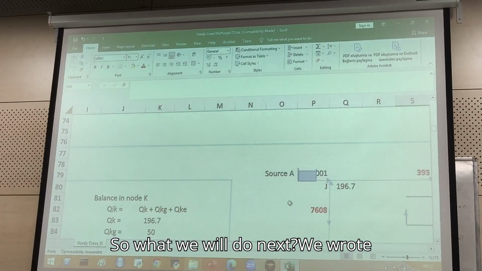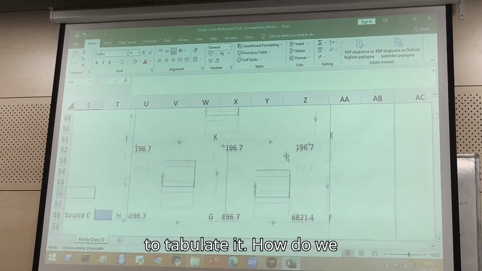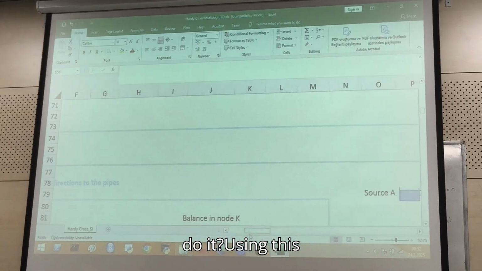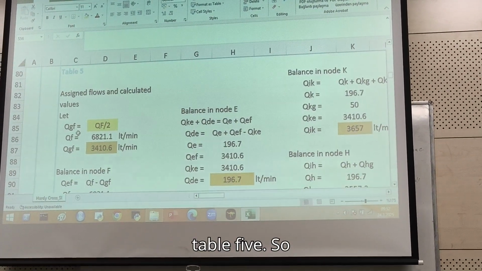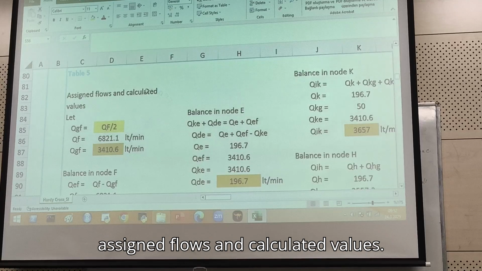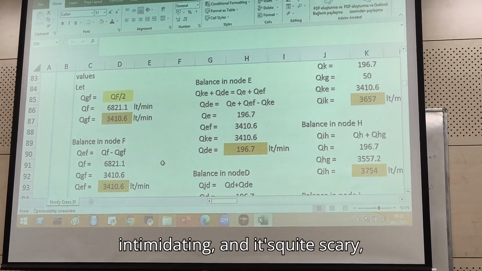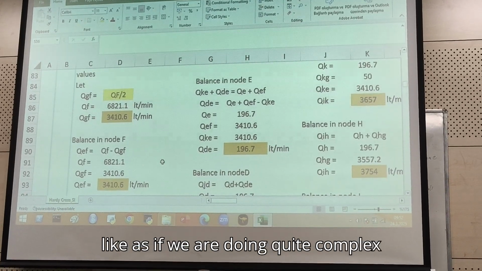So what we will do next: we wrote everything over here, and we need to tabulate it. How do we do it? Using this Table 5, assign flows and calculated values. When you look at it this way, it looks intimidating and quite scary, as if we are doing quite complex things.